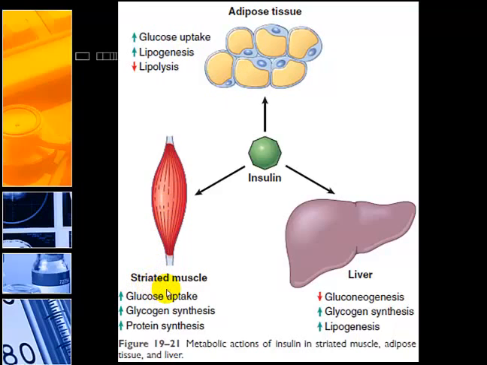Within the striated muscles, including the myocardial cells, it will cause increased glucose uptake, increased glycogen synthesis, and increased protein synthesis. So they have increased protein synthesis, increased fat synthesis, and increased glycogen synthesis.